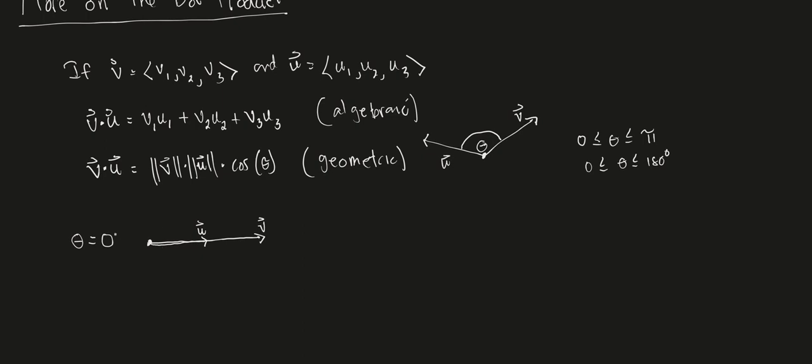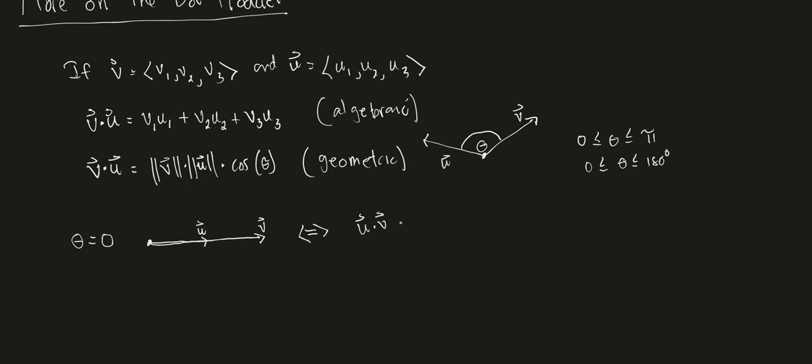Well, think about it. When theta is equal to 0, the cosine of 0 is 1. So this implies, in fact, I'll do a double implication because it goes both ways, the dot product, and I'll write it as U dot V. Remember that the dot product is commutative, right?